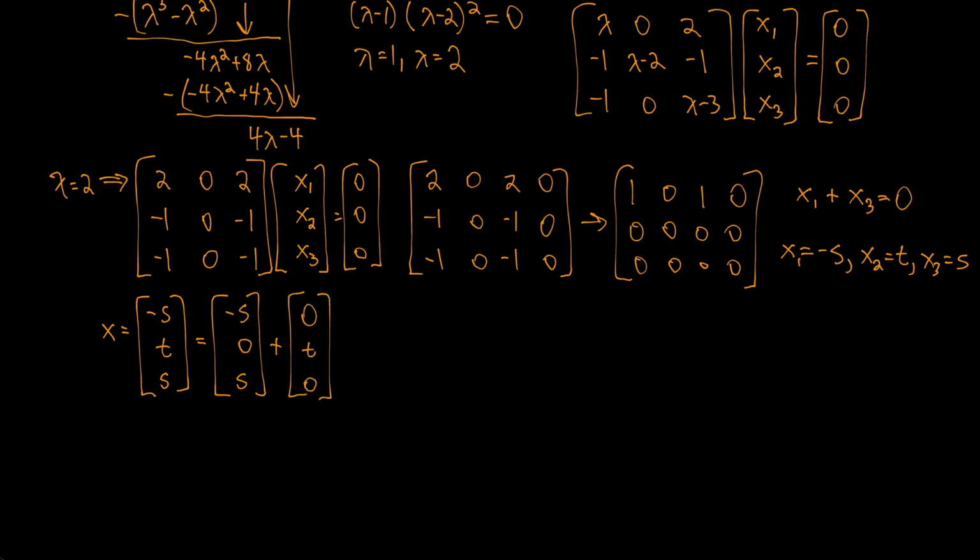All I did was split up this vector into two vectors that add up to it, so that I'd have all the s's in one vector and all the t's in another. Okay, now I can factor out the s in the first vector. I get s times minus 1, 0, 1 plus t times 0, 1, 0.